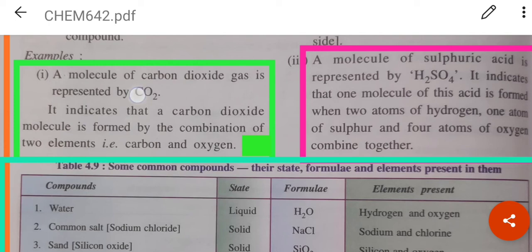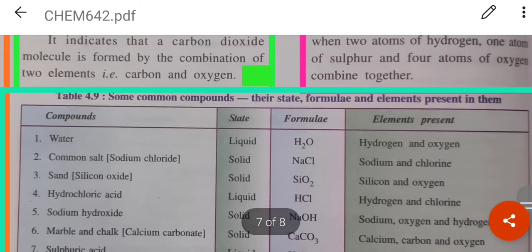That means one atom of carbon combines with two atoms of oxygen. Similarly, a molecule of sulfuric acid is represented by H2SO4. It indicates one molecule of this acid is formed when two atoms of hydrogen, one atom of sulfur and four atoms of oxygen combine together.